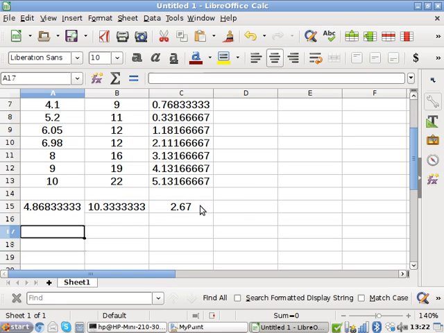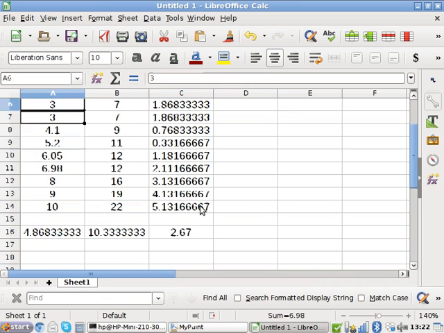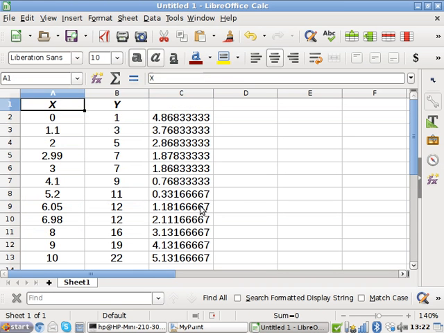So the uncertainty is not really as bad as 2.67 units. Part of the reason this is so big is because it thinks these should all be the same, but they're not. They should all be different because that's how we designed the experiment. So we need another way to calculate uncertainty in experiments where we have an x and a y and we're trying to make a line on the graph.